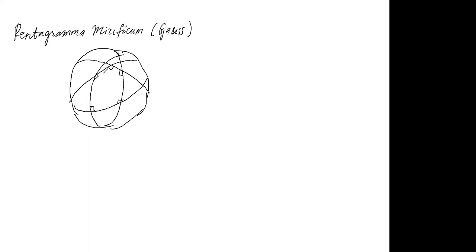Let alpha 1, alpha 2, alpha 3, alpha 4, and alpha 5, let alpha i be the lengths of the corresponding arcs, the sides of this pentagon. Length in the sense that I'm working on the unit sphere. Otherwise, I need to work with the angular measure of these arcs, of course.